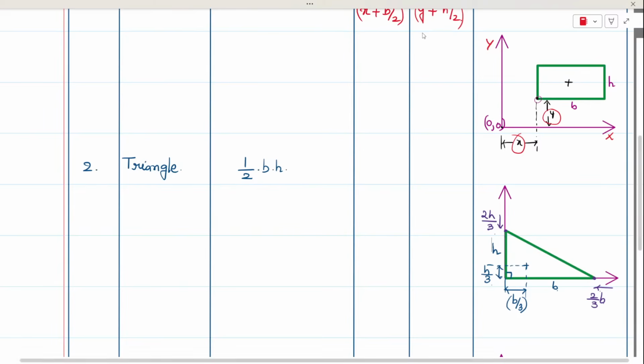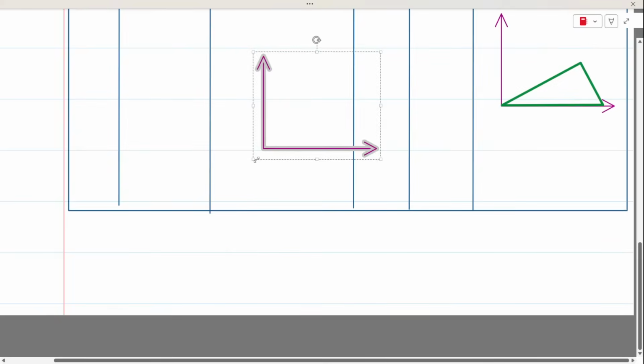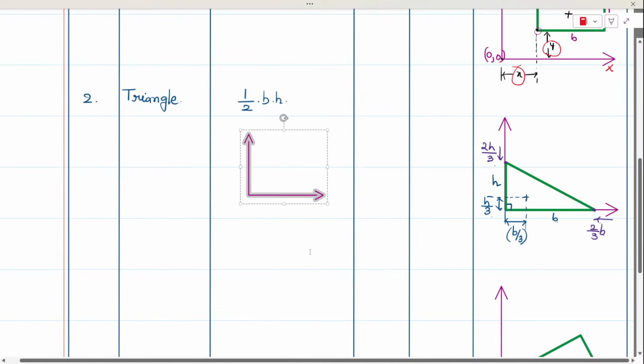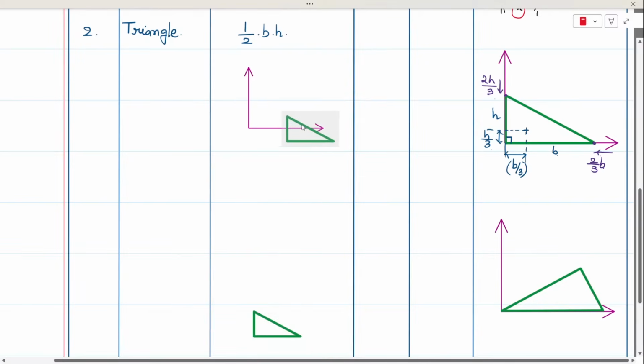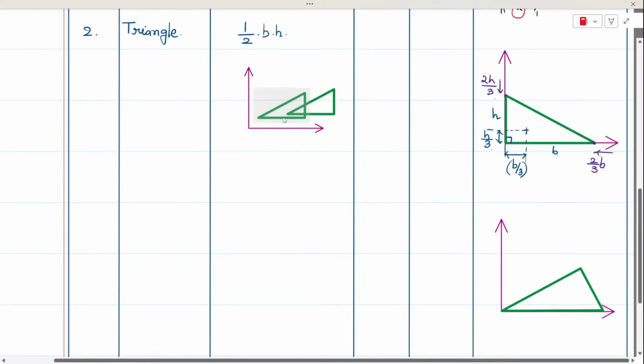Now the same way, let's say this is a triangle, and this triangle is kept at some distance.